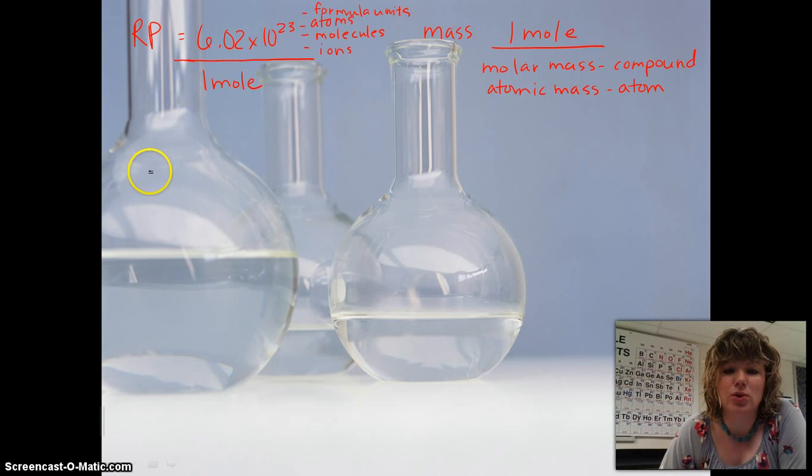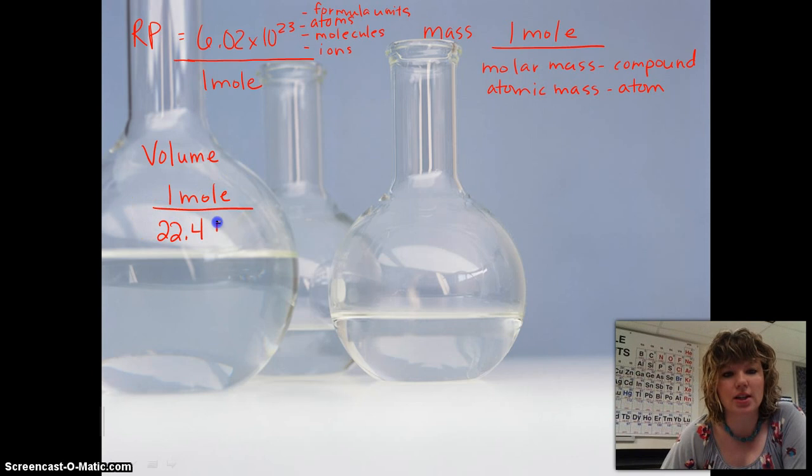Okay, so we have one more conversion factor. This one you can't use the mole hole, so you kind of have to just memorize the volume. Volume is that 1 mole is always equal to 22.4 liters, and this is always of a gas.